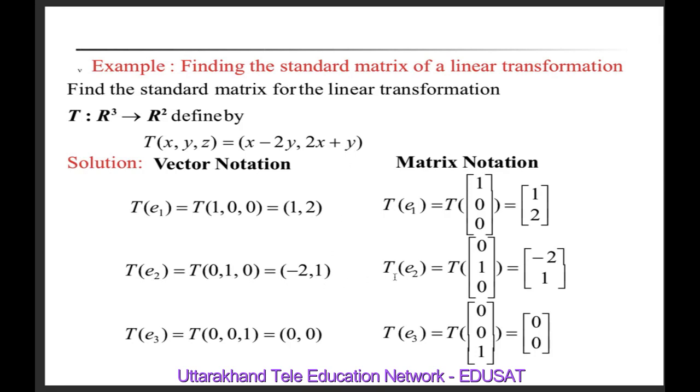So in matrix notation T(e2) equal to T(0, 1, 0) and the result is (minus 2, 1). T(e3) is (0, 0, 1), x is 0, y is 0, and here we don't have z. So T(e3) is (0, 0). So T(e3) equal to T(0, 0, 1) is (0, 0).